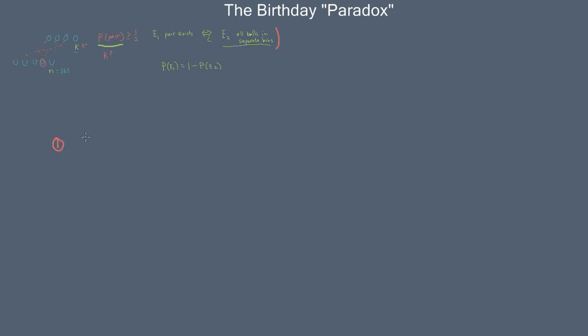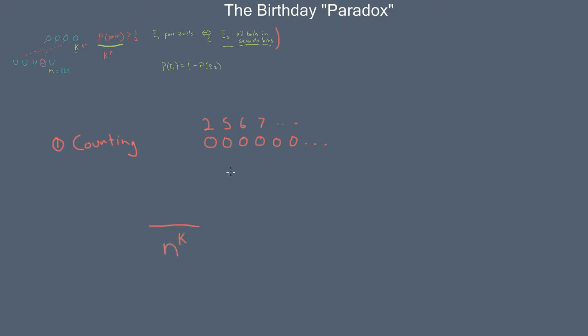The first way is counting. We can think of the sequence of balls and assigning them to bins as assigning labels, the bin labels, to each ball randomly. So how many ways are there to assign n bin labels to k balls? n to the k, right?